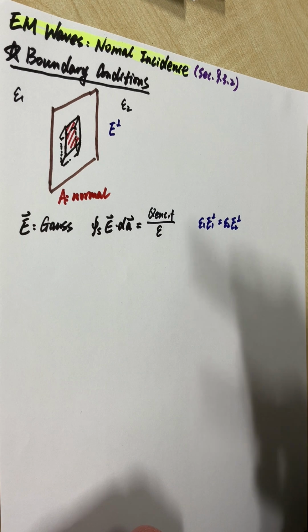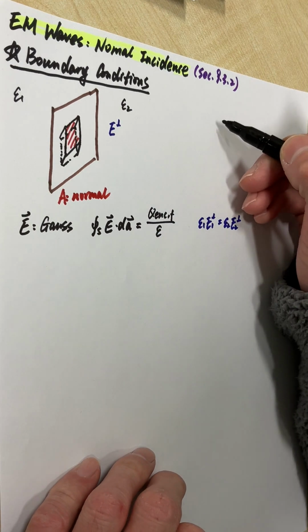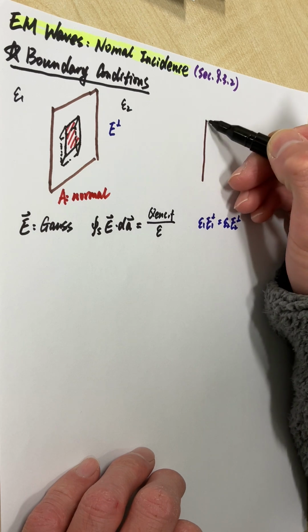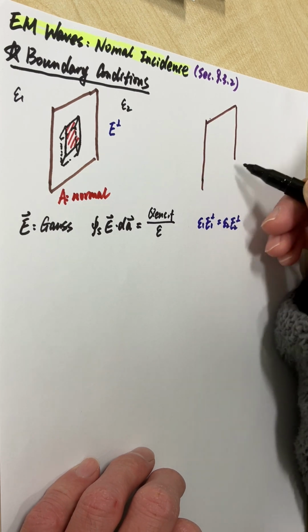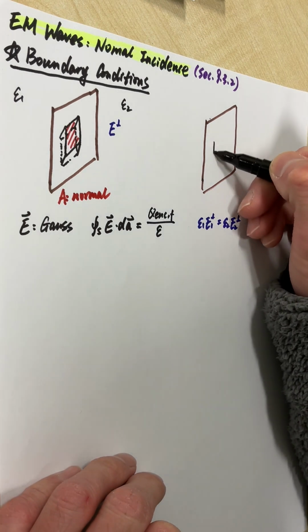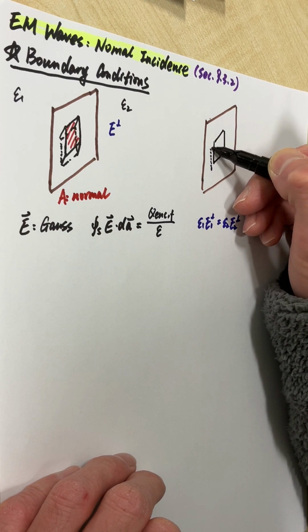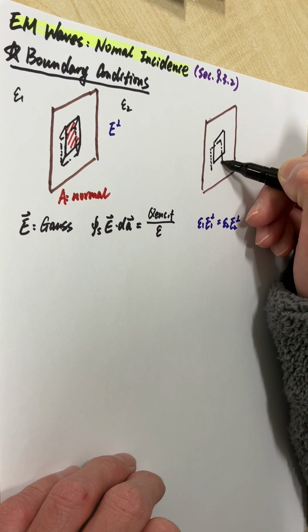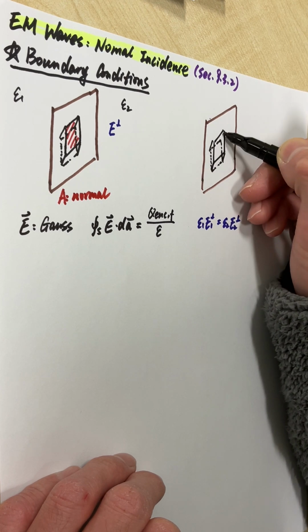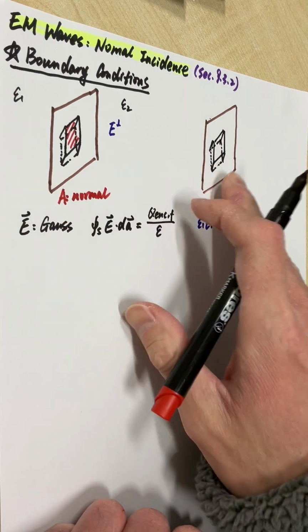So what happens when we observe the parallel component of the E field? We have this surface of boundary, and then we observe a pillbox. Rule of thumb, this is the same pillbox.